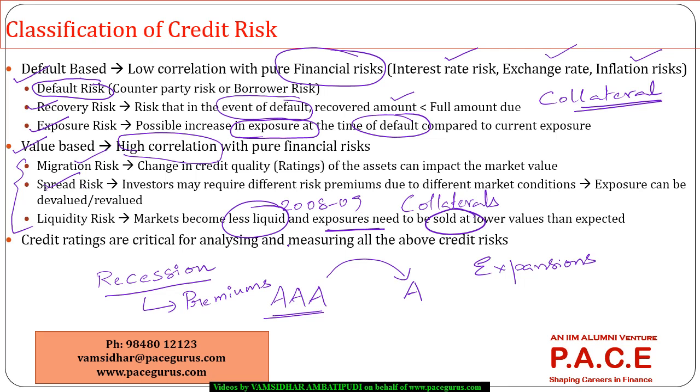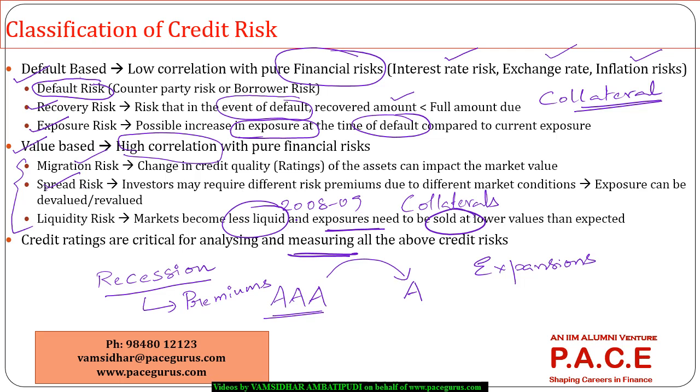So whenever we are talking about the credit risk, we have to appreciate the fact that it can come from any of these six different dimensions, three from the default based categories and three from the value based category. And the rating agencies really play a very important role in analyzing and measuring all the above credit risks that I have discussed.